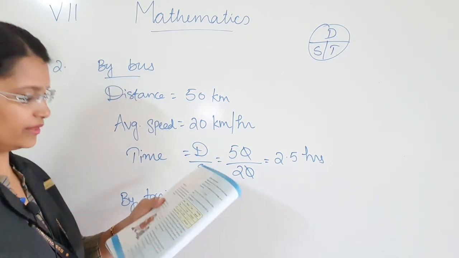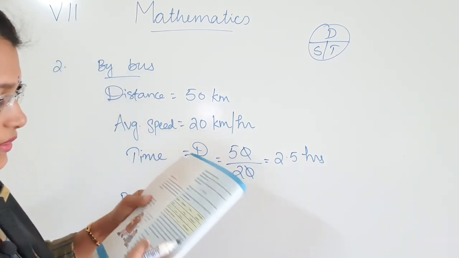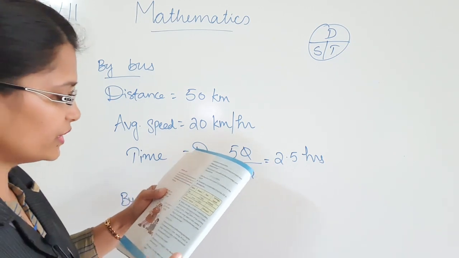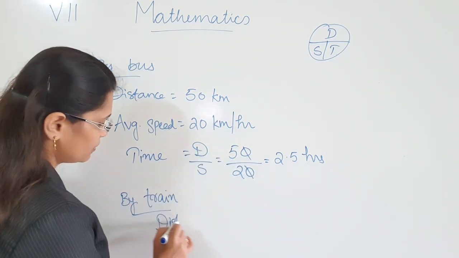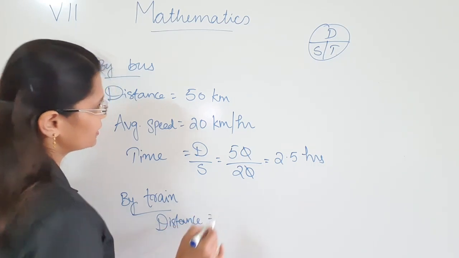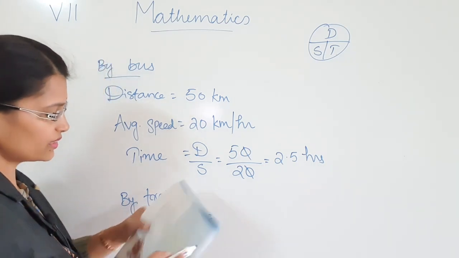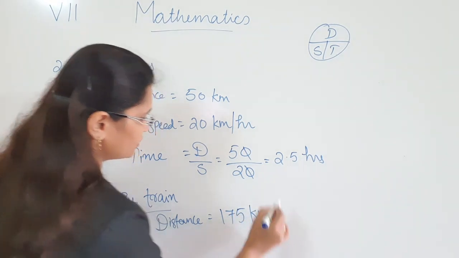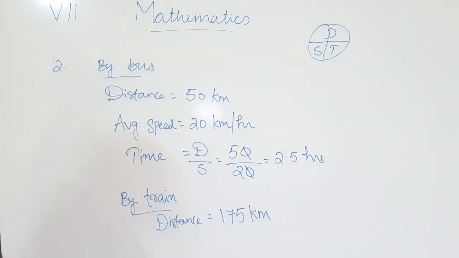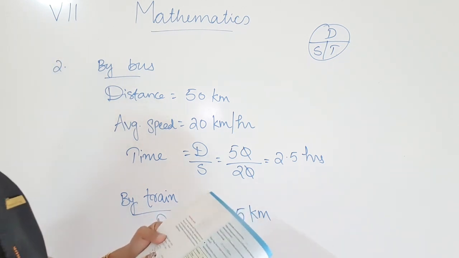Okay. And then by train. By train she has to travel 175 kilometers. So, distance is equal to 175 kilometers. And then what about the average speed?